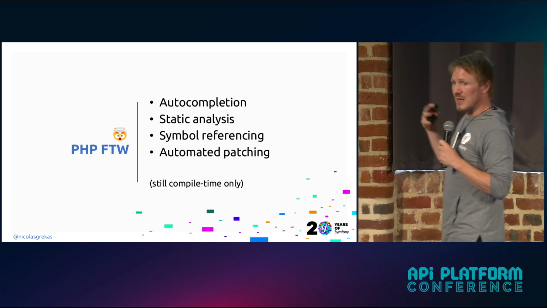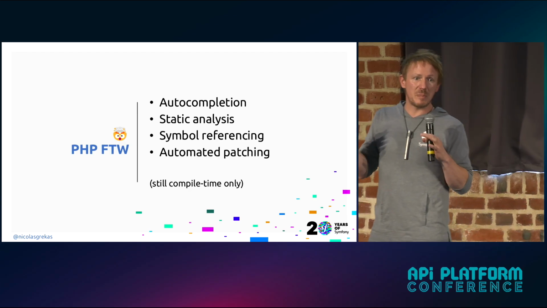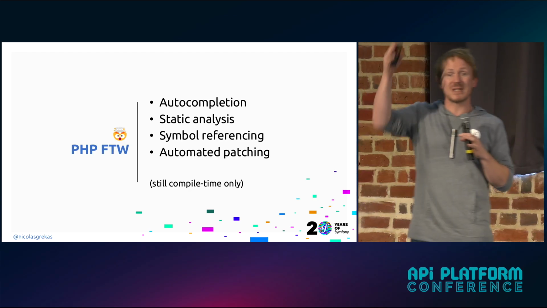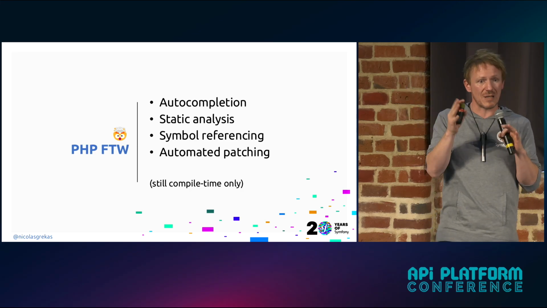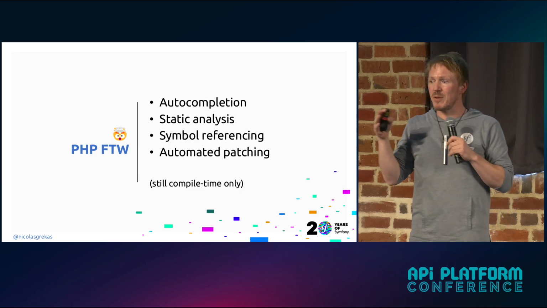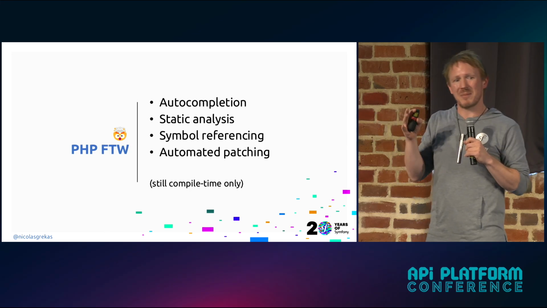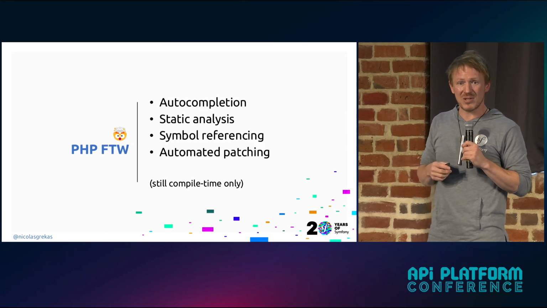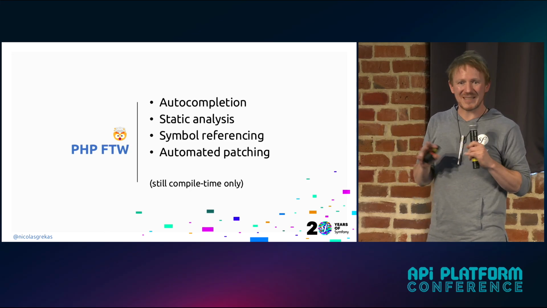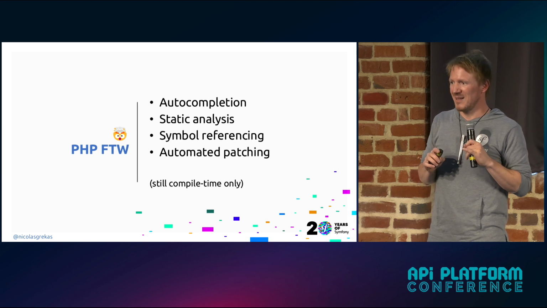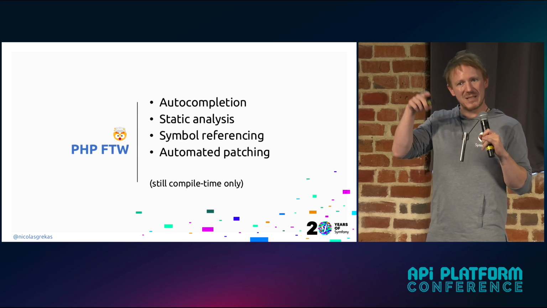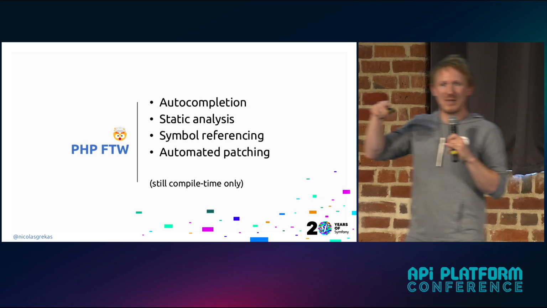You will, of course, be able to benefit from the basic PHP language, which means use statements at the top of the file, so short class names in the middle, being able to reference a constant. I don't know about you, but that's something I don't like in YAML, referencing a constant. So who can tell me how we do that? Exclamation mark, PHP/const, and then the fully qualified class name.